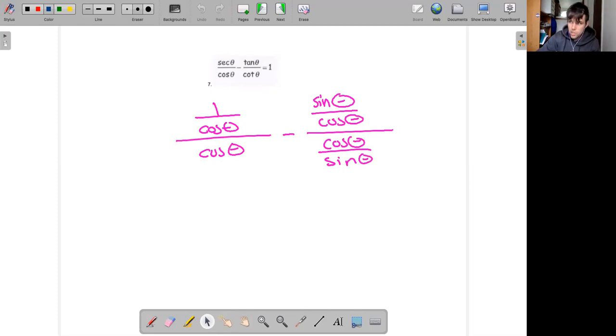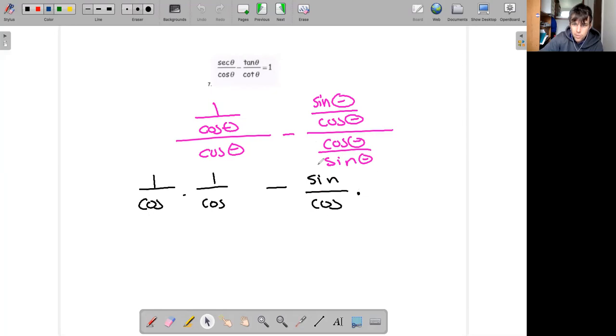Instead of division, instead of these big fractions here, let's change this to multiplying by the reciprocals. So for this one, we're going to get 1 over cosine times the reciprocal of cosine, which is 1 over cosine, minus, and then same idea here, we're going to have the numerator, sine divided by cosine, times the reciprocal of this, which is sine over cosine.